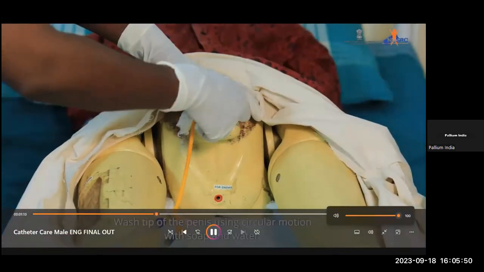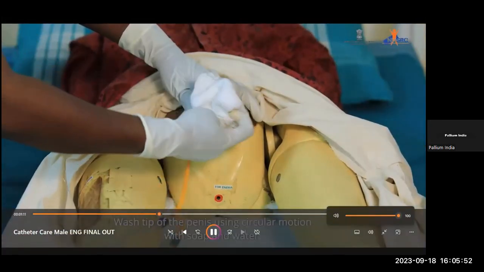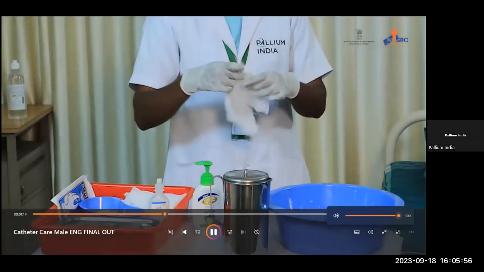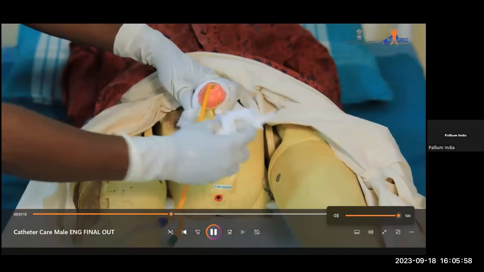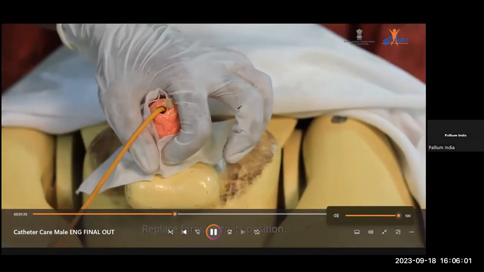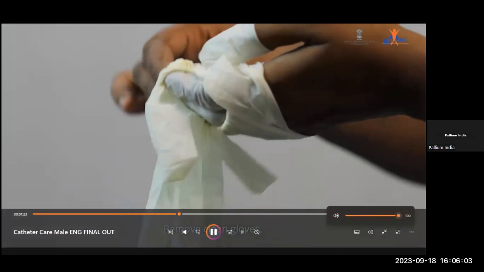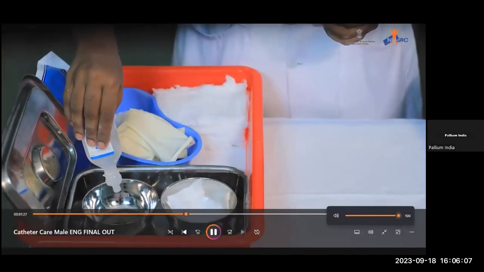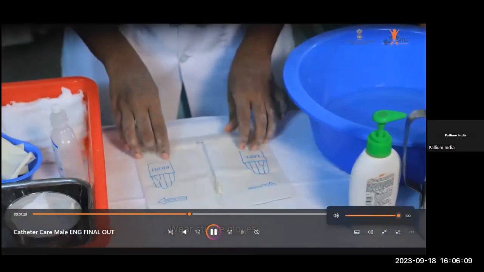Wash the tip of the penis using circular motion with soap and water. Discard the used washcloth, then clean with a clean cloth. Replace the foreskin to its position. Remove gloves. Pour normal saline into the bowl. Wear sterile gloves.